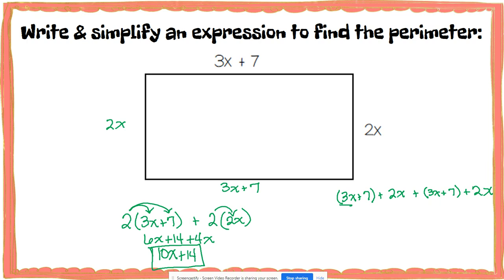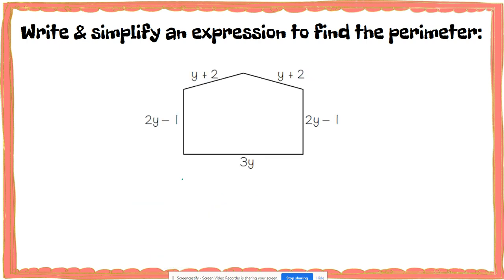Well, I would have 3x plus 2x, which is 5x, then plus 3x, which is 8x, and then plus 2x, which is 10x. Then we also have positive 7 plus positive 7, which is 14. So either way, you're going to still get a perimeter of 10x plus 14.